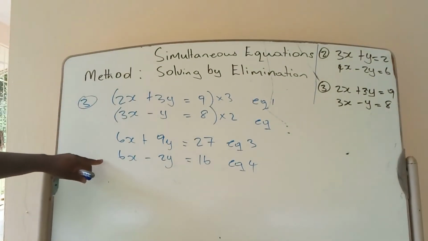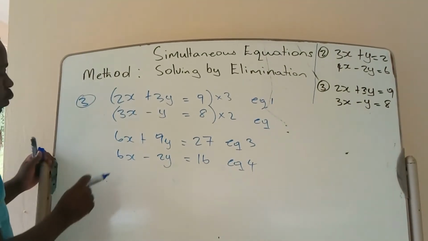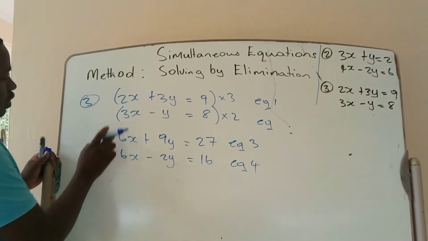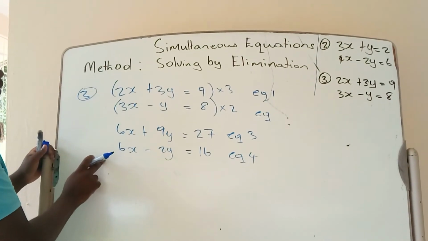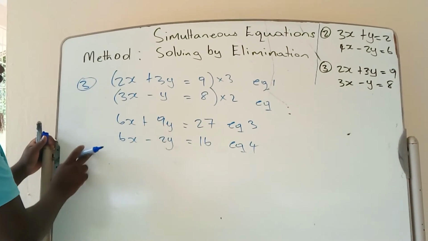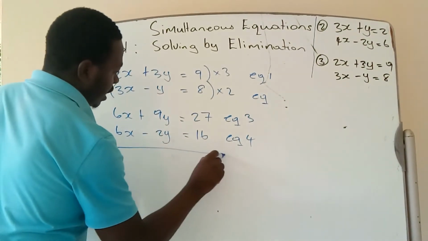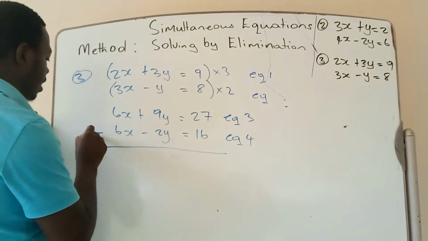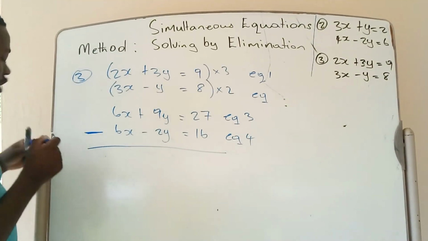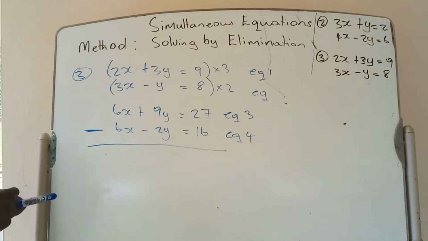Now remember that we want to eliminate x. So what can I do here to get rid of this x? If I add them, I'm going to get 12x. So subtract. Now you're going to draw a line. You put your subtraction sign. But because I am going to subtract, something interesting is going to happen.